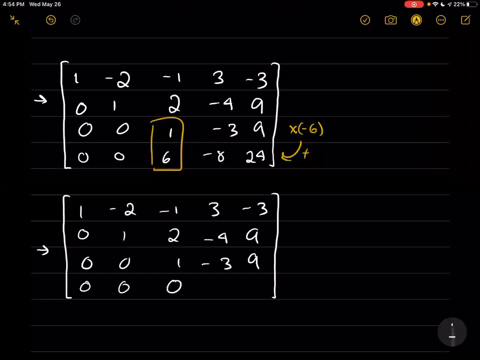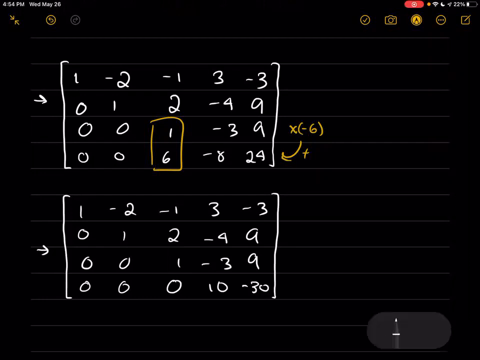And then if we do -3 times 6 plus -8, I think that works out to be eventually 10. And then -6 times 9 plus 24, I think that works out to end up being -30.